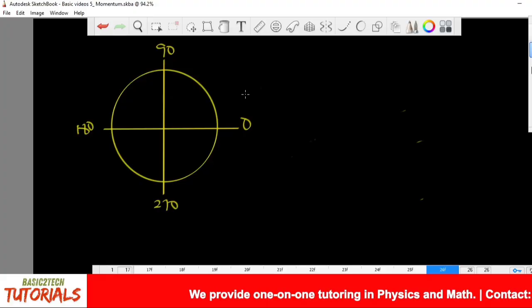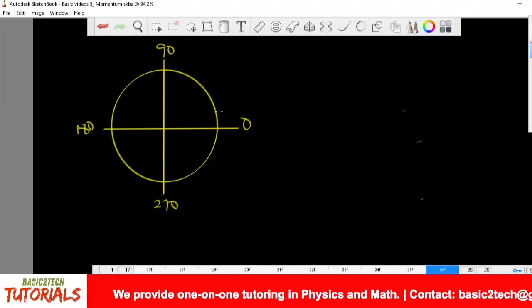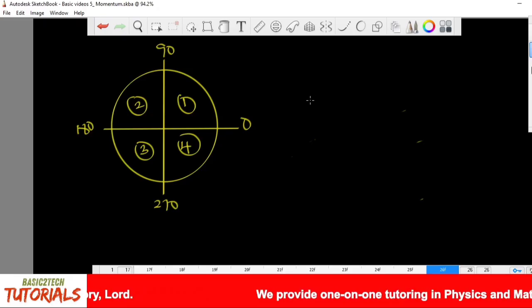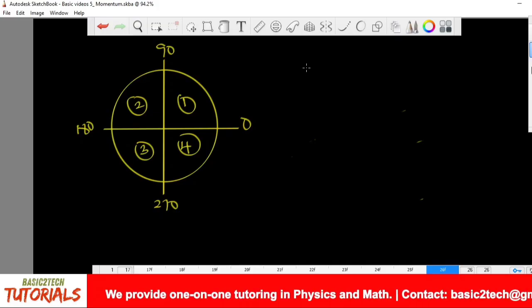Now, one more thing. The circle is divided into 4 quadrants. Here is the first quadrant. Here is our second quadrant. This is our third quadrant. And this is our fourth quadrant. Now, as you move into different quadrants, sine and cosine turn negative.